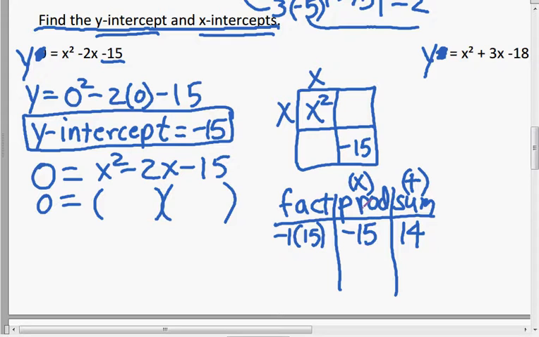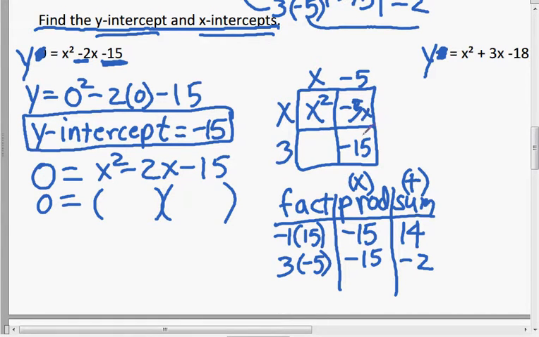So I try something else. 3 times negative 5 is negative 15. 3 plus negative 5, or 3 minus 5, gives me negative 2. And that's what I want. I want a product of negative 15. I want a sum of negative 2. So I know that 3 and negative 5 will work.